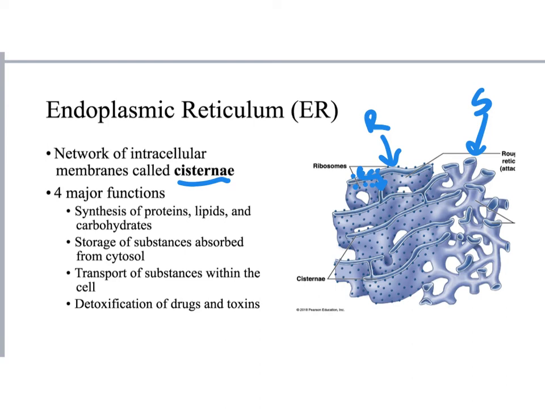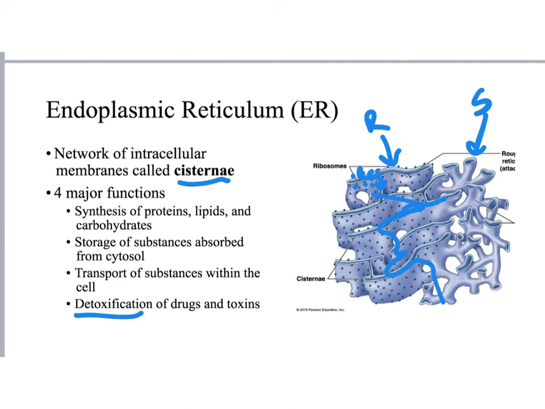Other things like lipids and carbohydrates may also be made, and the material made from the ribosomes will go through that network and move along, which helps it move from one part of the cell to another part of the cell. It's also involved with the detoxification of drugs and toxins.